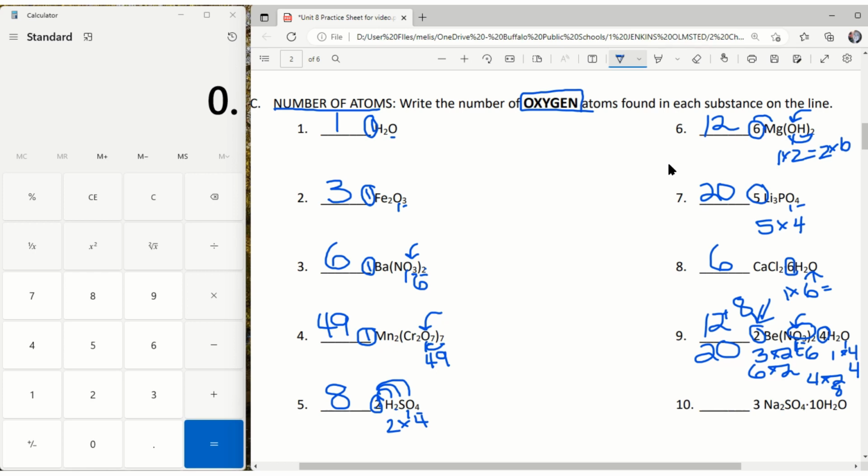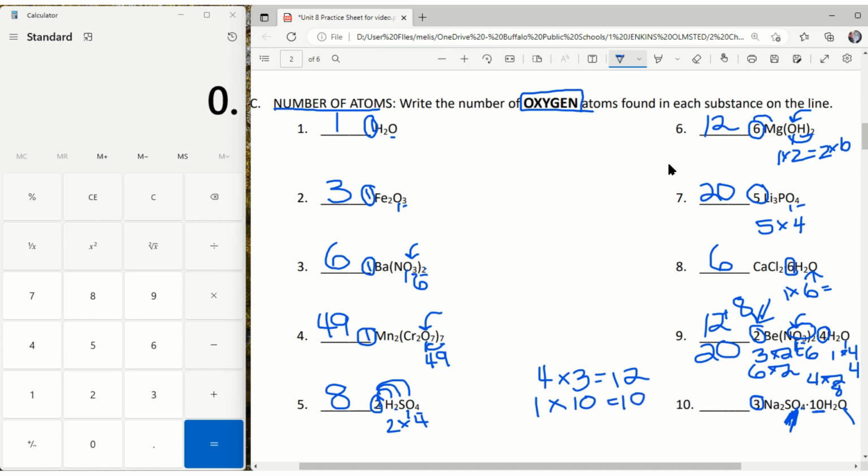All right, let's try this last one. Again, I've got 2 of them. So let's do this oxygen first. So I have a subscript, it's 4. No parentheses. Yes, coefficient, 4 times 3. So that's how many oxygens are right here. But now I have to do this oxygen. So the subscript is 1, no parentheses, times this coefficient is 10.